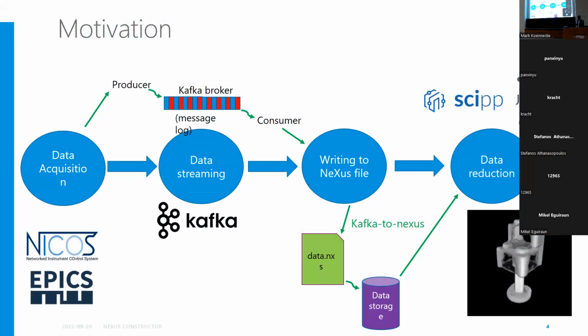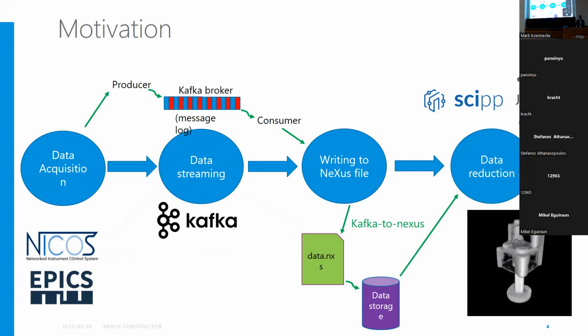So, the motivation. At ESS, we are using EPICS for low-level control of devices in the instrument setup. So everything from choppers to slits to motors to area detectors will use the EPICS layer.